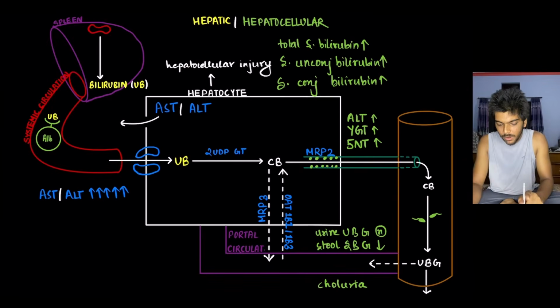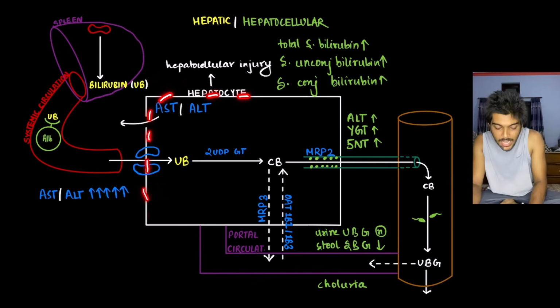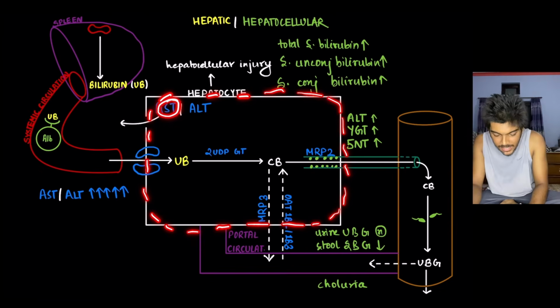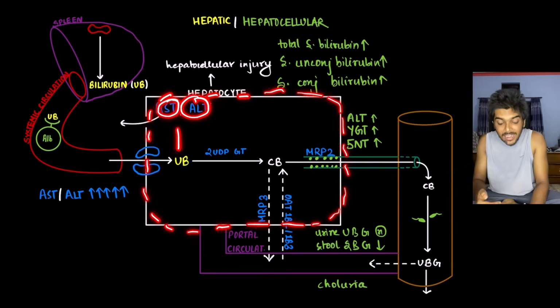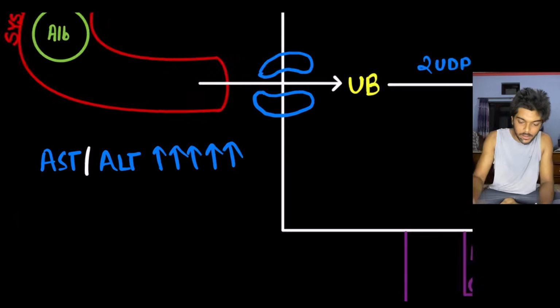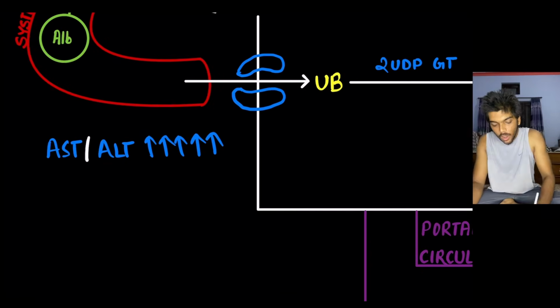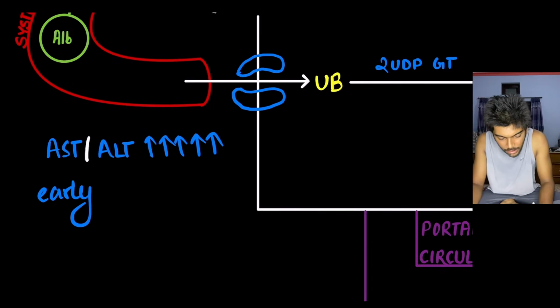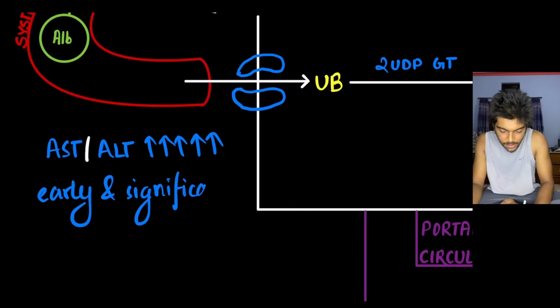But remember, first what is happening? First there is injury to the cell, and due to injury to the cell, the AST and ALT within the cell leak out of the cell, resulting in an early and significant rise in AST and ALT.